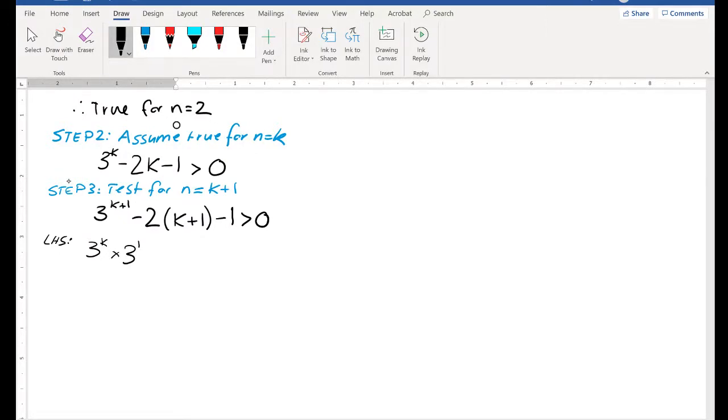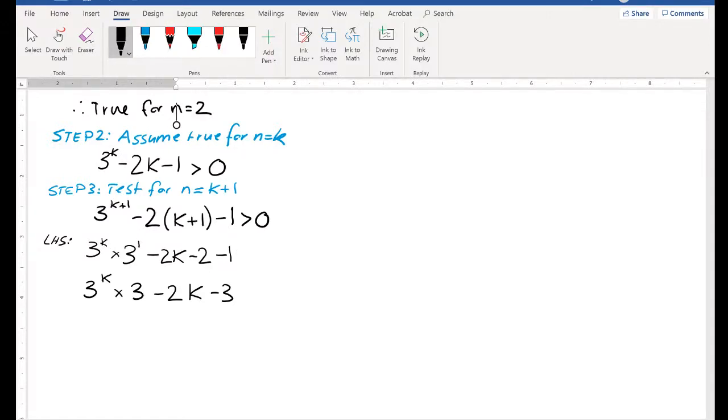Expand out this, I get negative 2k minus 2 minus 1 is greater than 0. Let's clean things up. I'm going to get 3 to the power of k timesing by 3 minus 2k minus 3. And I don't need that right hand side, do I?